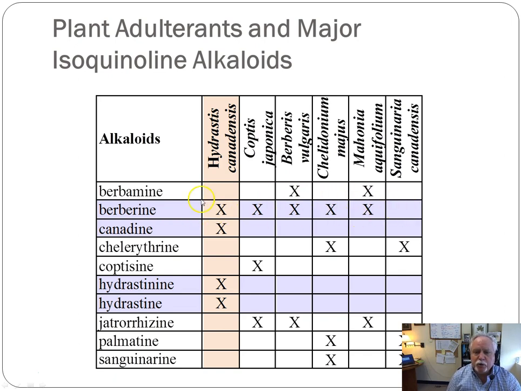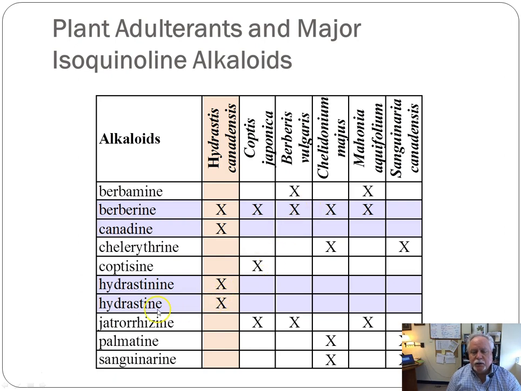So just the presence of berberine isn't enough. You can see that a number of them contain chelerythrine. Here's coptisine, palmatine, sanguinarine, and really the indicator of Hydrastis is the presence of hydrastinine and hydrastine in combination with the berberine.